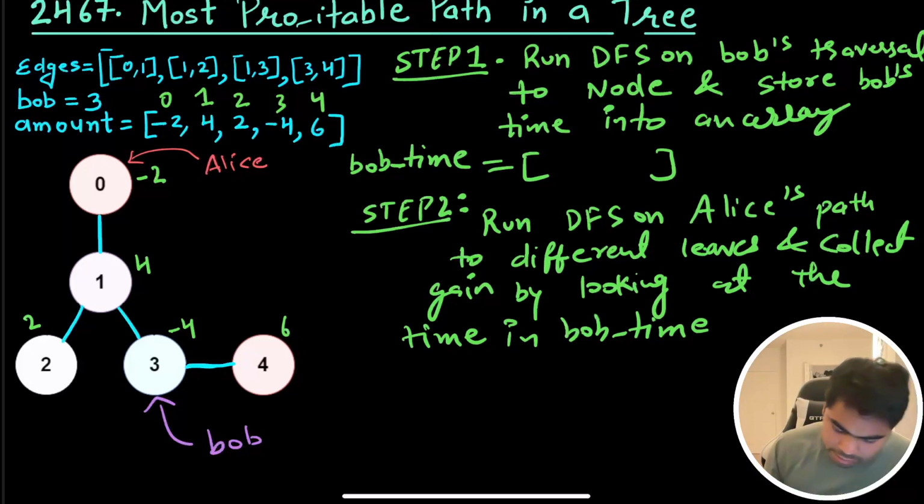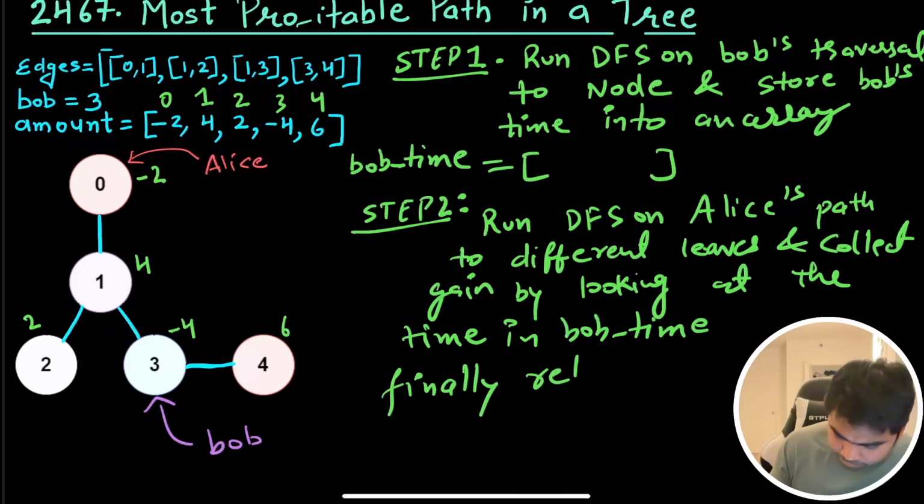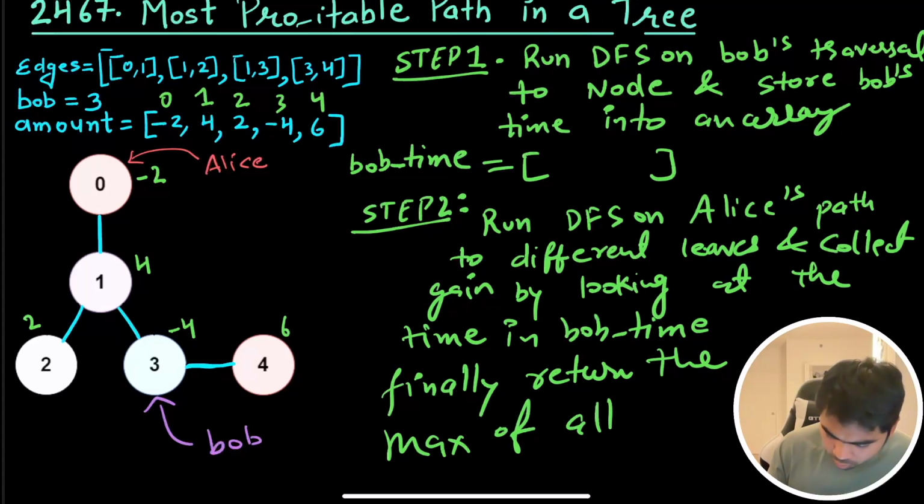And once that happens, you can finally return the max of all rewards Alice could collect.